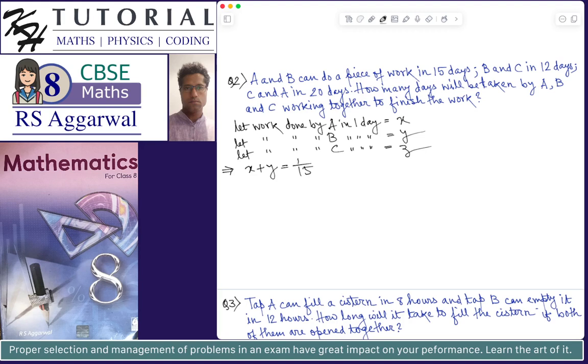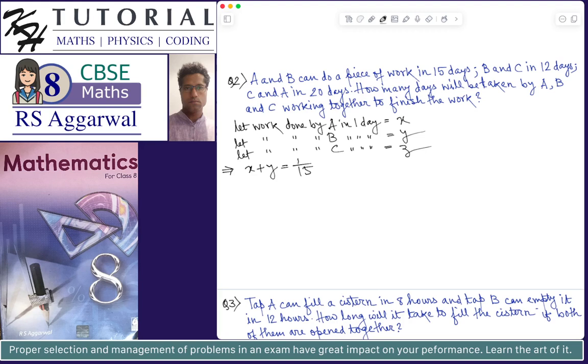As per our assumption, work done by A plus B in one day will be X plus Y, and it is 1 by 15.